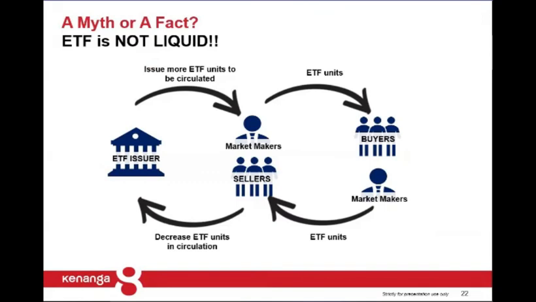These liquidity providers are there, much like with shares, to generate liquidity, to post the bid and ask spreads, the prices, and to make sure that there's no major divergence in the prices as well. So by design, an ETF provider can increase and decrease the number of units in circulation just to ensure that the liquidity is at an acceptable level.